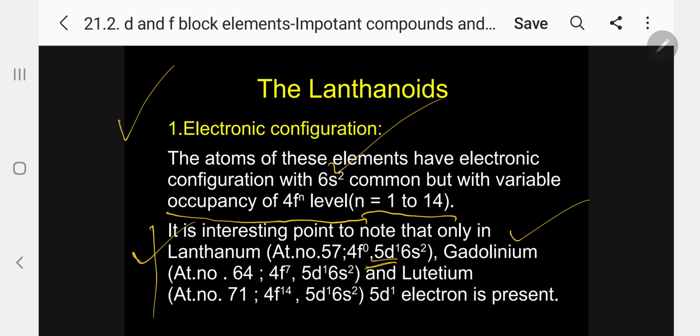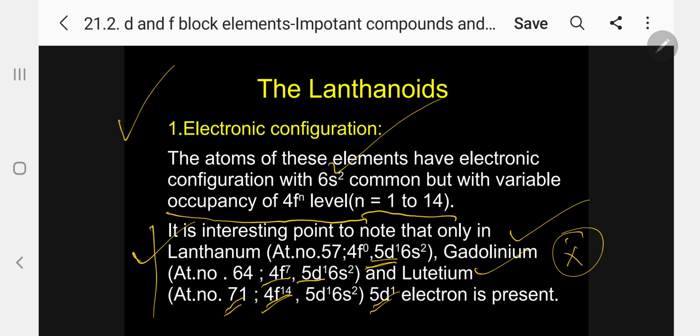Then gadolinium, atomic number 64, again 4f7, just half filled, again 5d1, 6s2. And lutetium, atomic number 71, just see here, completely filled 4f14, again 5d1. Only in 3 elements is the 5d1 configuration noted.